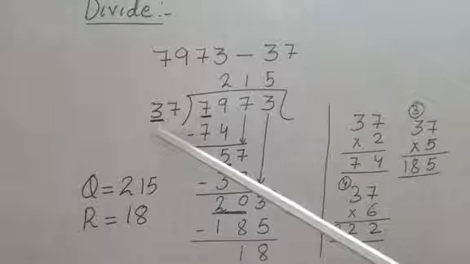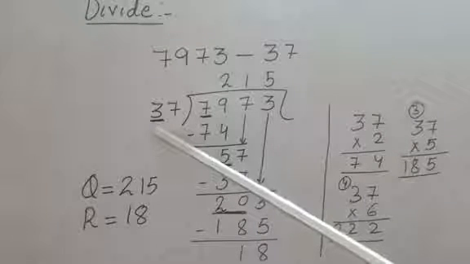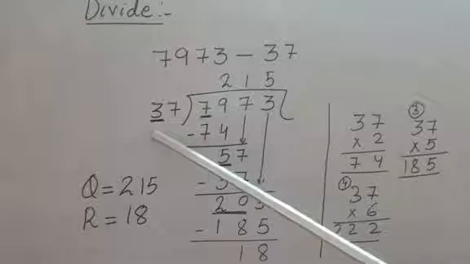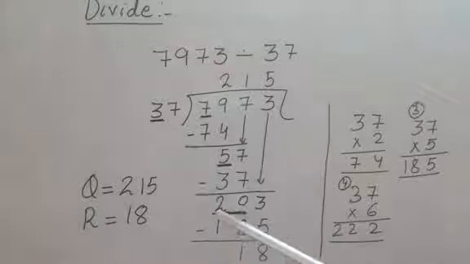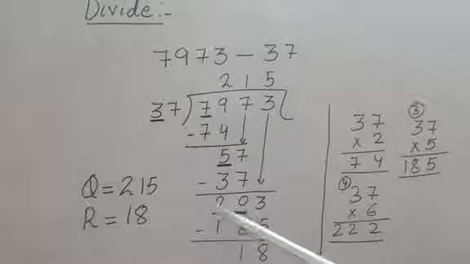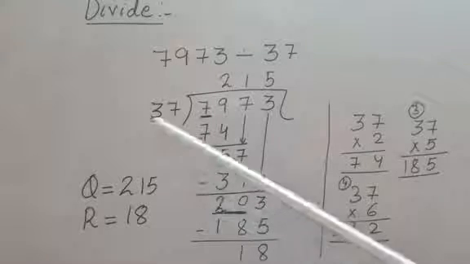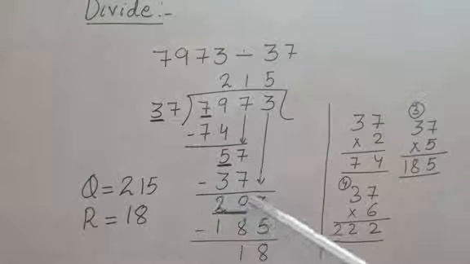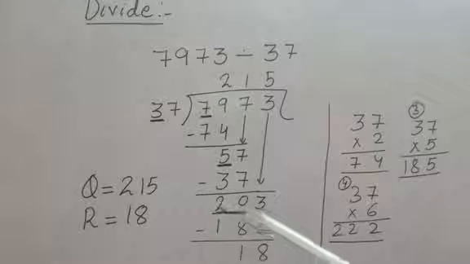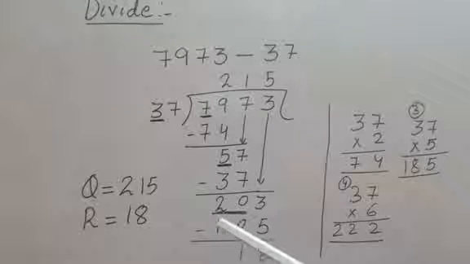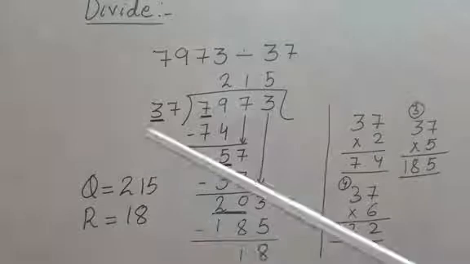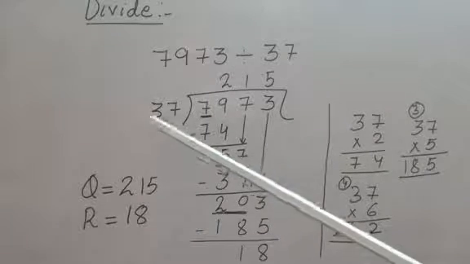And here, I will take only the first digit of the divisor, that is 3. And moreover, you can see that if I take this single digit 2, 2 is smaller than 3. 2 will never come in the table of 3. So obviously, I have to take 2 digits, that is 2 and 0 will become a number, that is 20. So I will see here how many times 3 goes into 20.